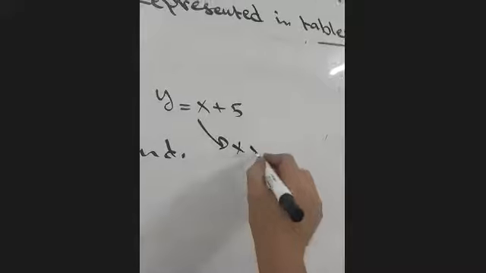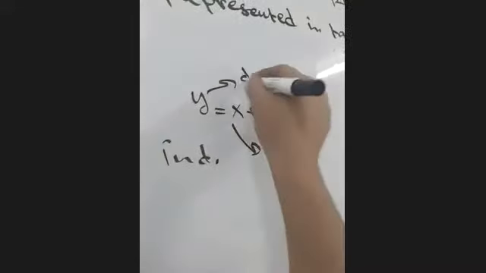In the previous lesson, we did tables. If you remember, we did tables. So we have a relationship between x and y. X here is the independent and the y is the dependent.